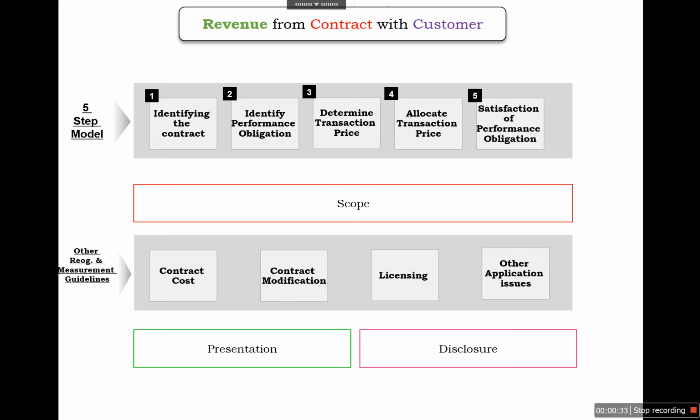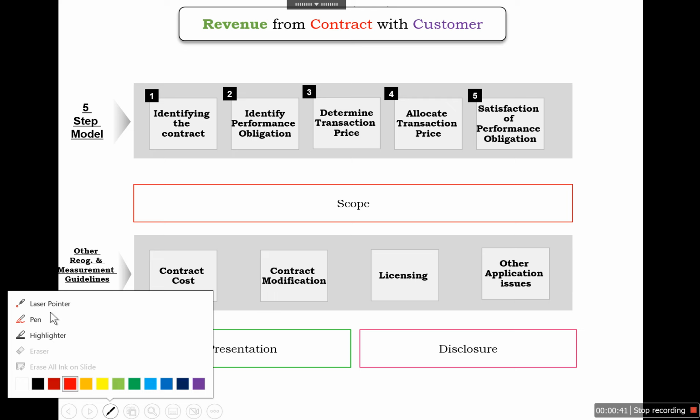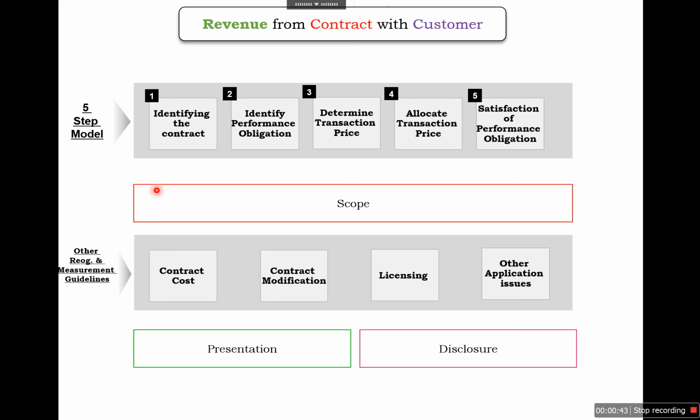This Ind AS 115 is divided in a five-step model that talks about the generation of revenue from contract with the customer. So first we need to identify the contract. When we have identified the contract, then we need to identify the performance obligation.